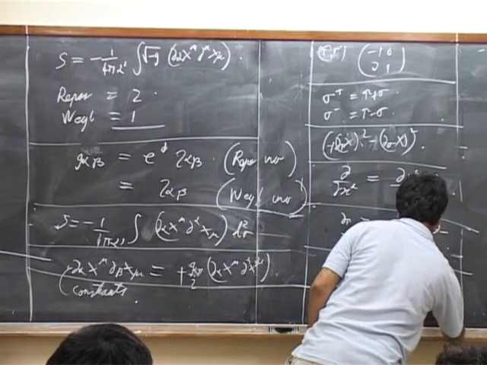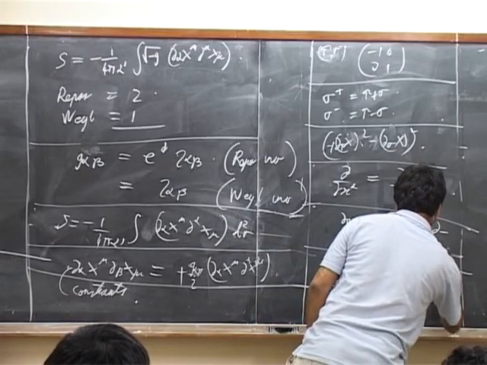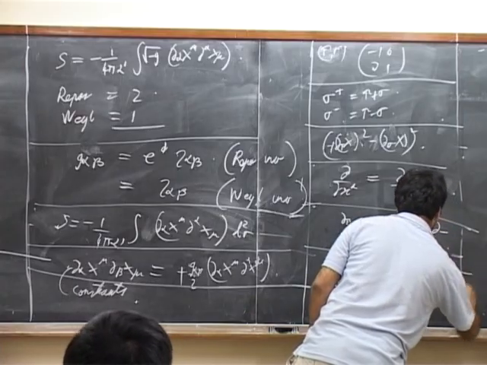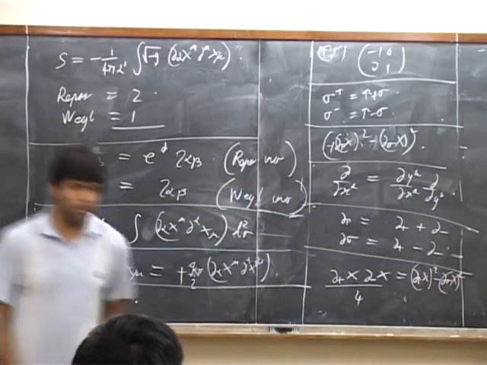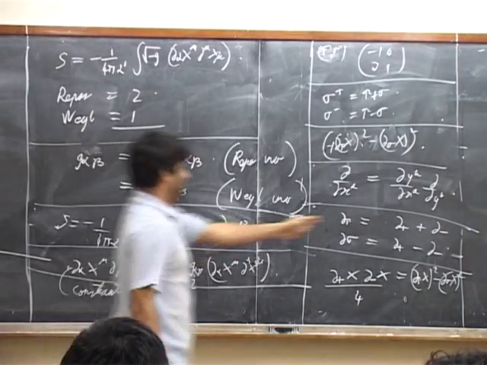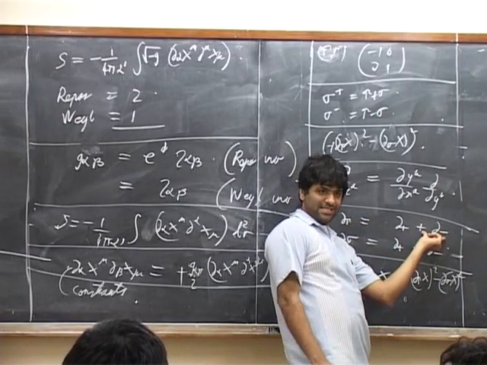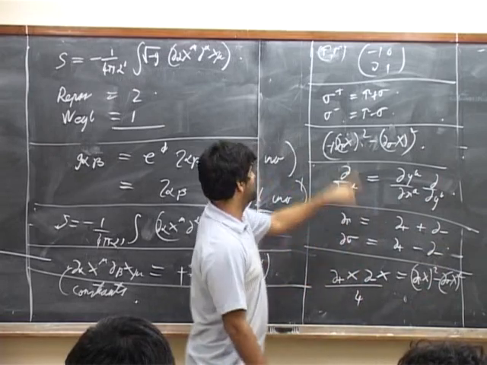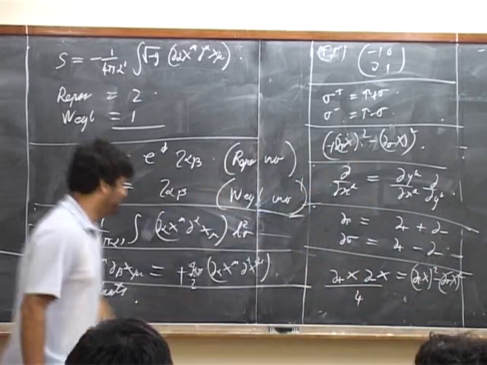This is the same thing as del tau x squared minus del sigma x squared. Yeah, the 4 is because you get a factor of 2 when taking this square, and a factor of 2 from the other side, so you get 4 times that. You just plug in here, and that's why it works.